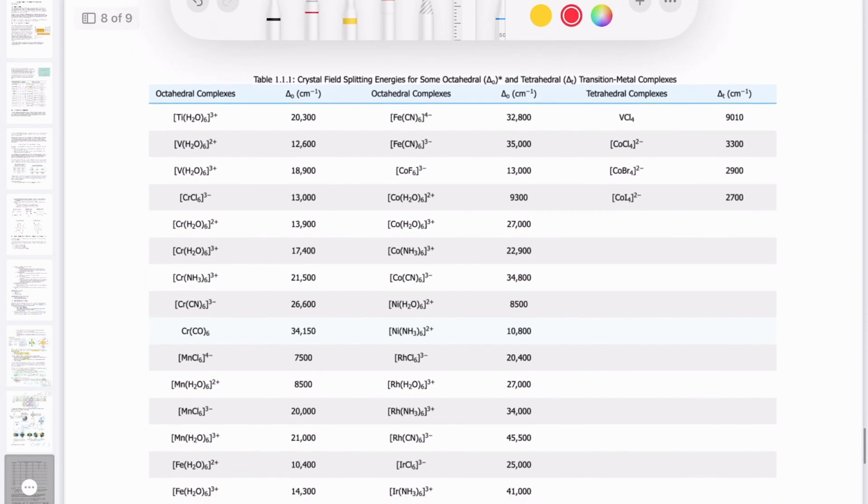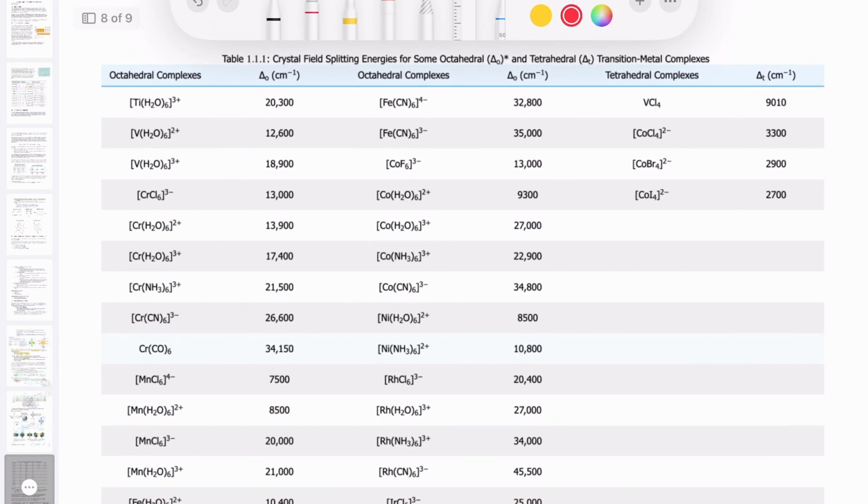So this table here really just gives some values of delta, just to get a feel for how different combinations of metal ion and ligand, as well as the charge on the metal, result in different size gaps between the lower set of orbitals, which remember is called the t2g orbitals, and the higher energy orbitals called the eg orbitals.